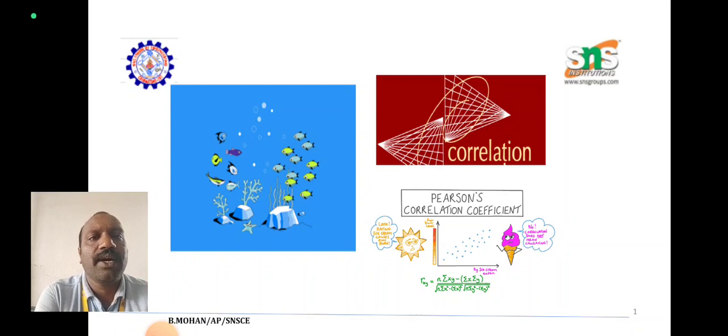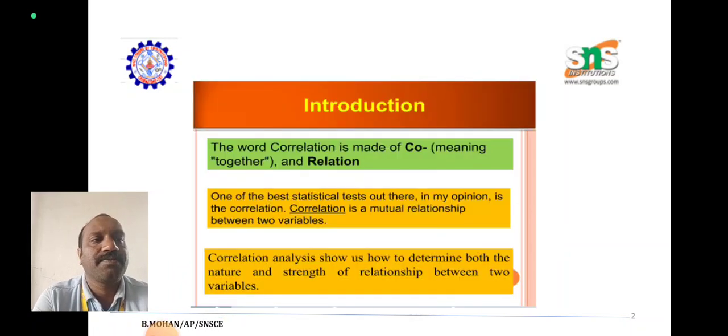Not only here, there are so many places where we are using correlation. So in this topic we are going to see correlation. First, the introduction of correlation. Correlation means together, that's all, not a big thing.